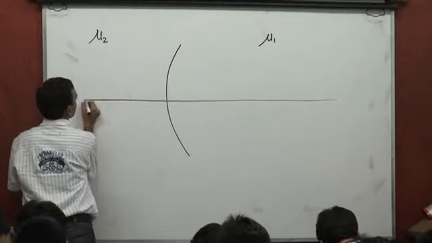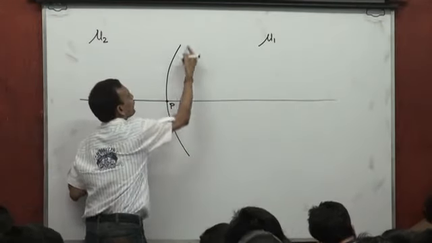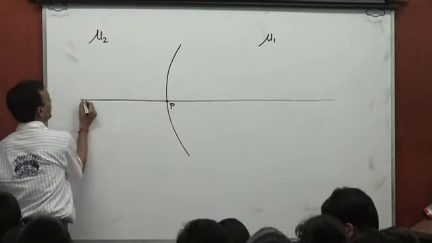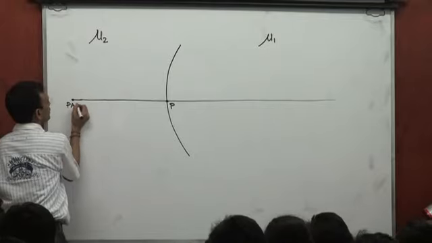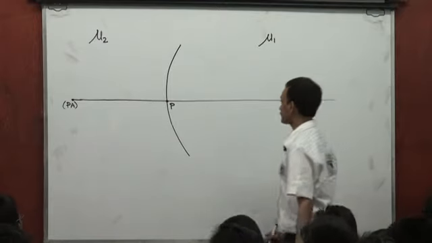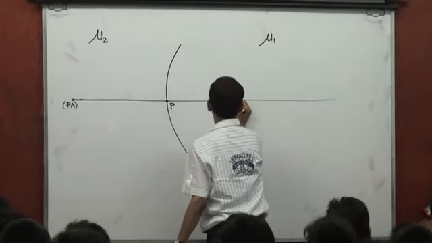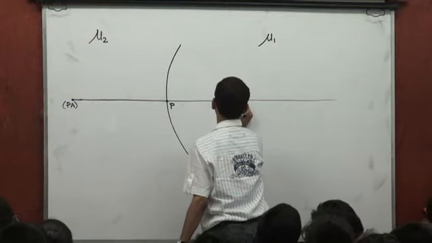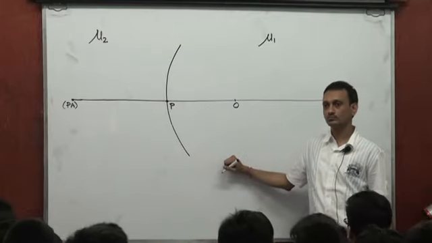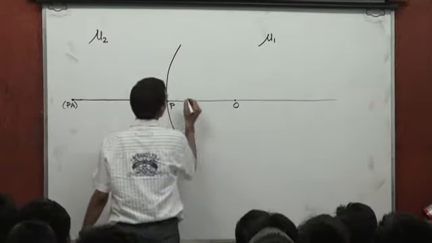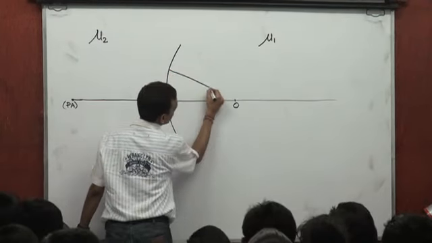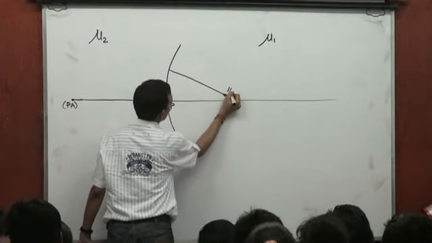Let's say this is the pole of the boundary of separation, and this is the principal axis. Object O, and this is an incident ray IR.